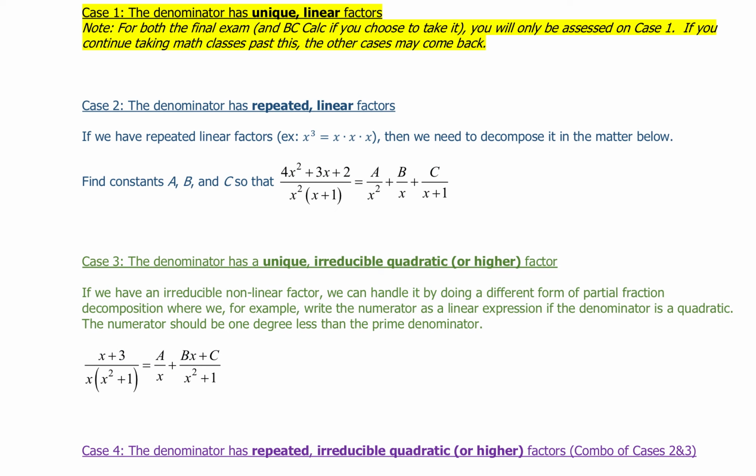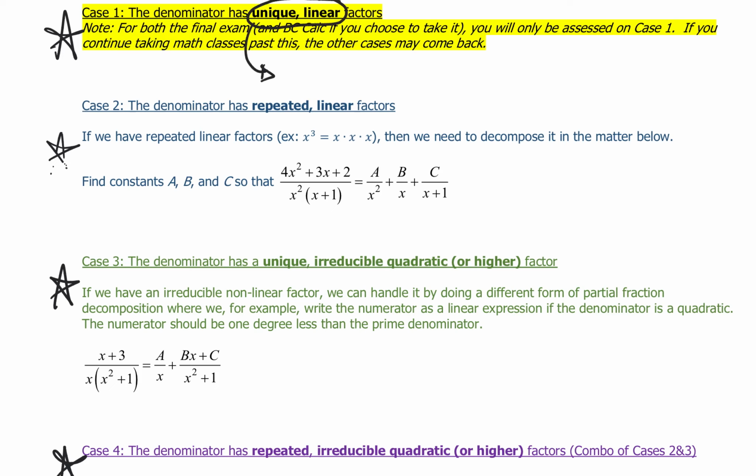So the big thing that you'll see if you look through the textbook for this section is there are multiple cases. And I've highlighted here the only case that you're going to be held responsible for in this honors pre-calculus course, which is case 1, exactly what we've looked at so far. The denominator has unique linear factors.